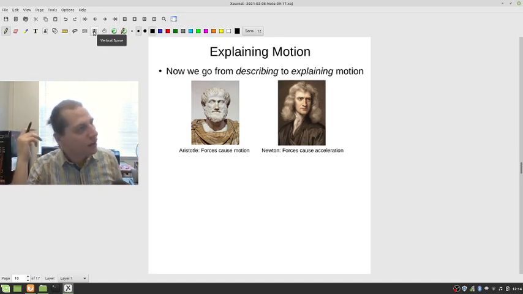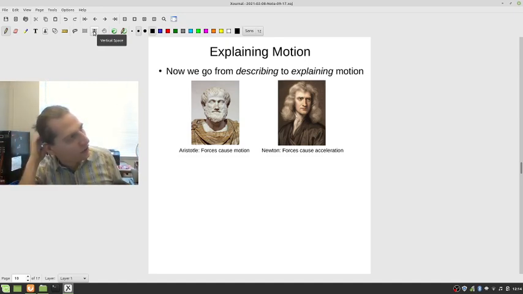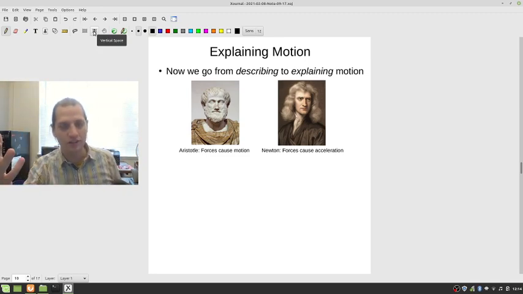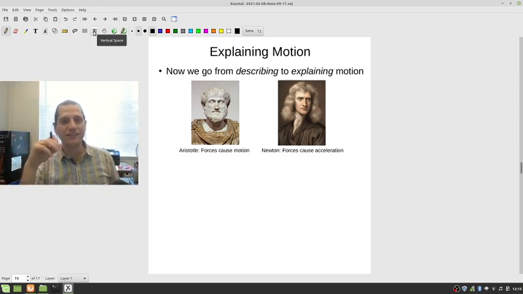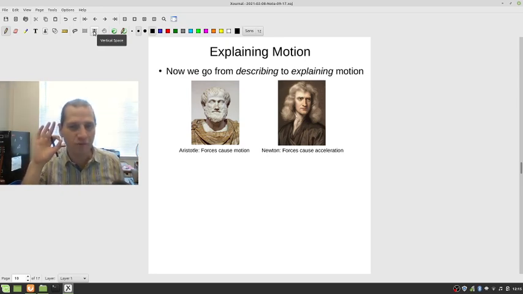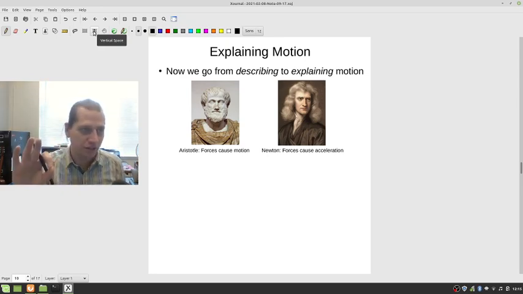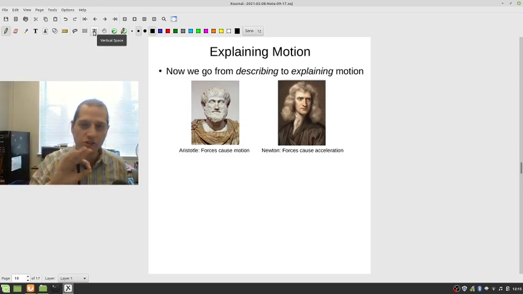Now Newton tries the Newtonian way of thinking. Now Newton wasn't the first person to think this. A lot of this is just kind of a more systematic version of what Galileo said. But his claim, and the claim that we are going to defend in this course, is that forces don't cause motion. Forces cause acceleration.